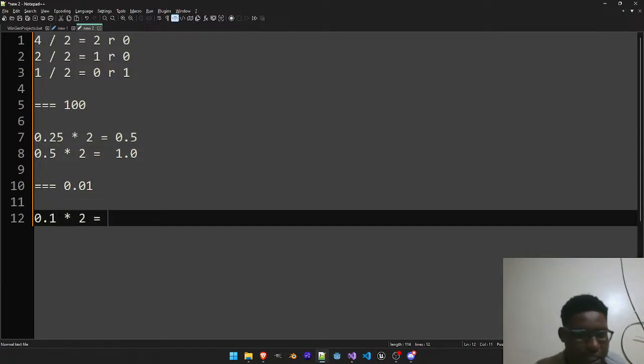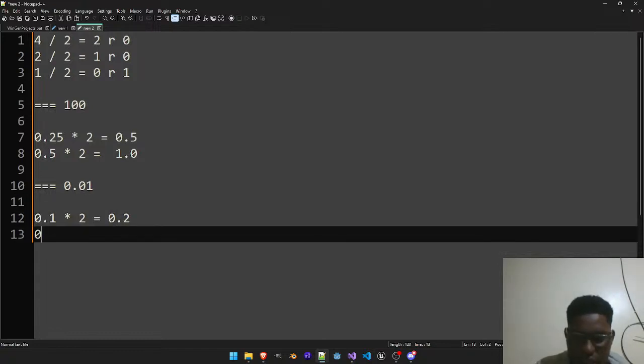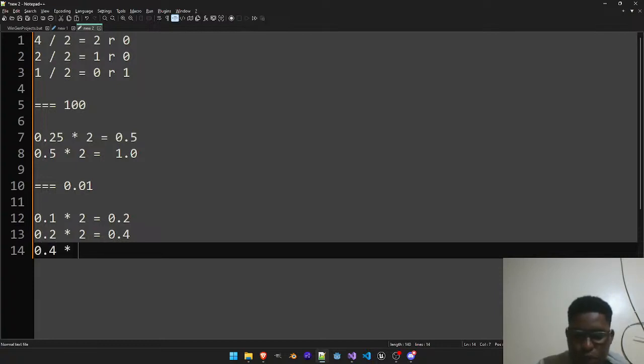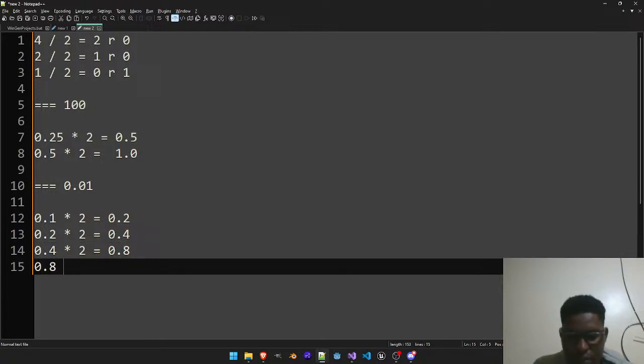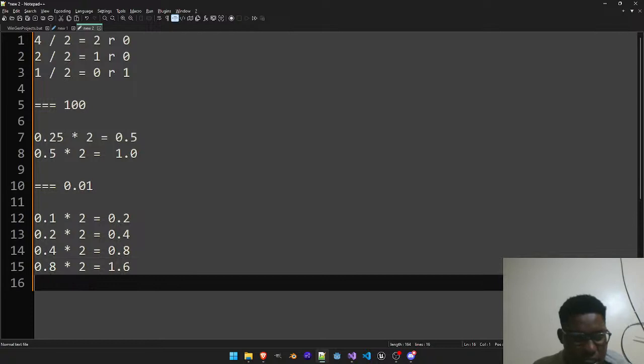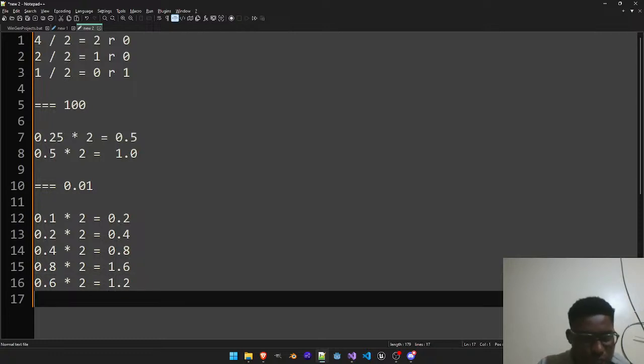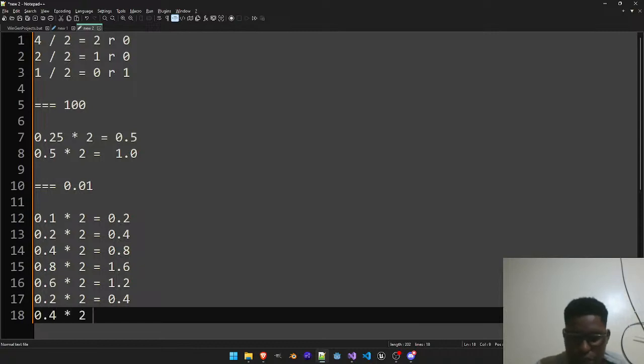If we do it manually, we have 0.1 times 2 is 0.2, 0.2 times 2 is 0.4, 0.4 times 2 is 0.8, 0.8 times 2 is 1.6, and since we're taking the bit before the point, we remain with the decimal value 0.6 times 2 equals 1.2. So now we go back to 0.2 times 2 is 0.4, 0.4 times 2 equals 0.8.